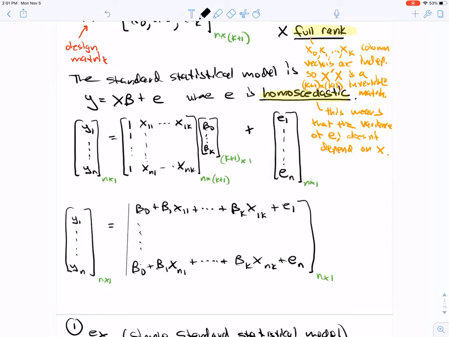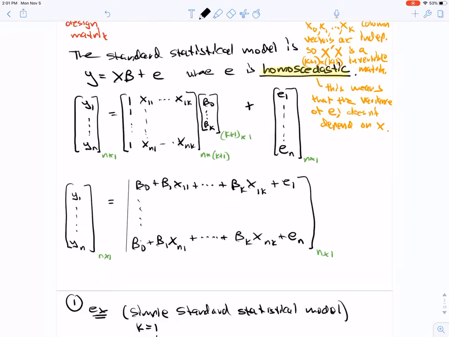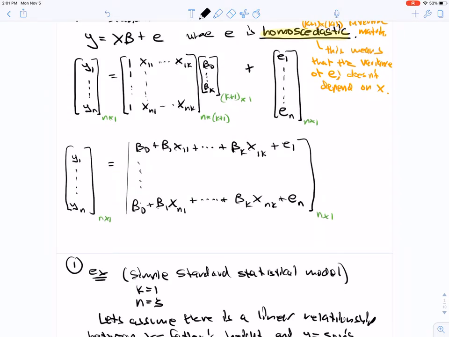This bottom thing is saying that I'm writing my first response observation y1 as a linear combination of x11 to x1k with coefficients beta 0, beta 1 to beta k, and I have an error term, and so on. Do this for all observations.